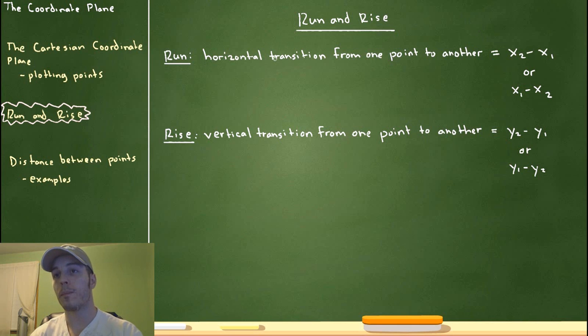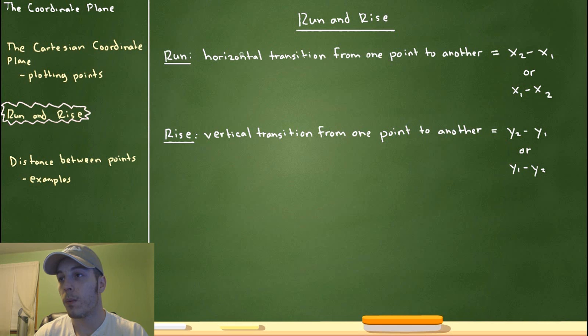So for example, the run, the rise is going to help us determine distances within our Cartesian coordinate plane, which is a fantastic thing to do. If you're marking locations off in space through numbers, if we can determine the distance between those points through numbers, it's going to be very advantageous.